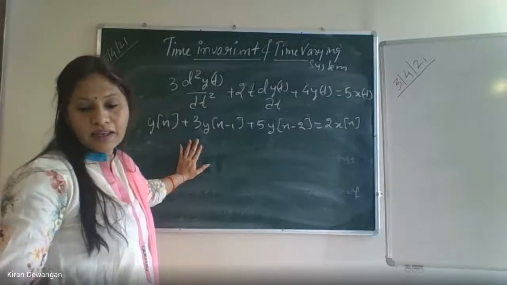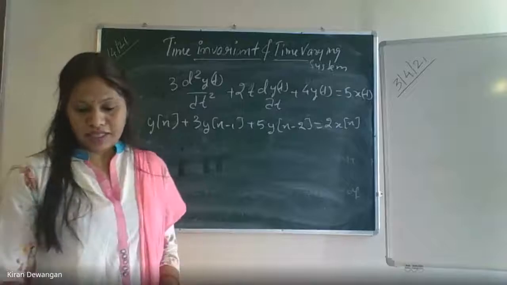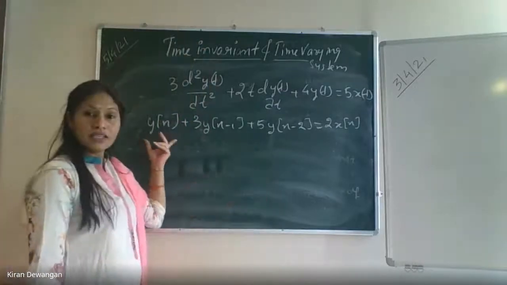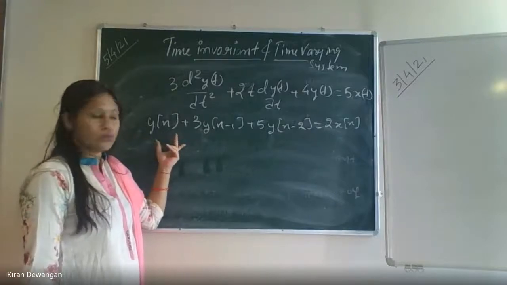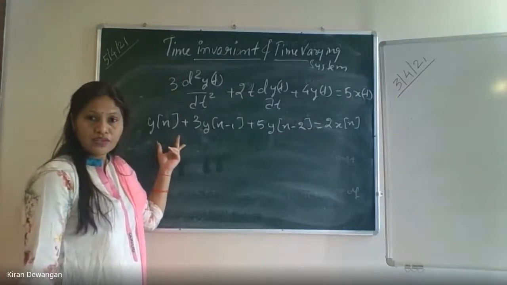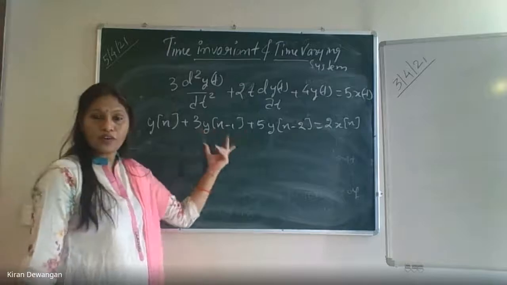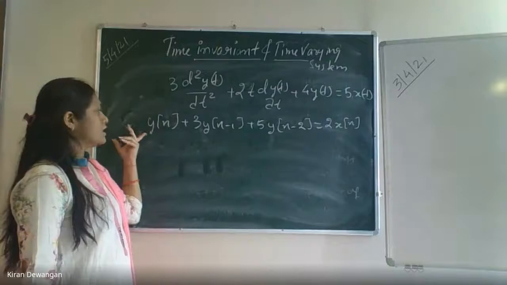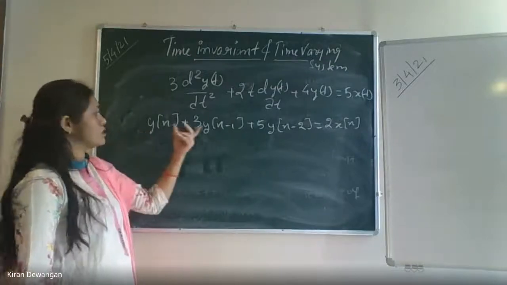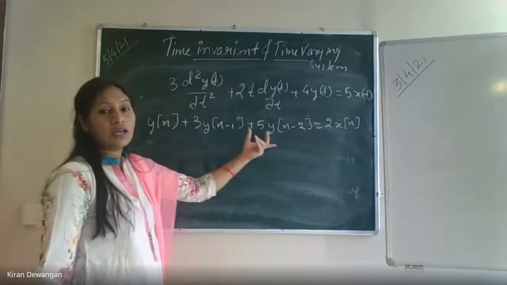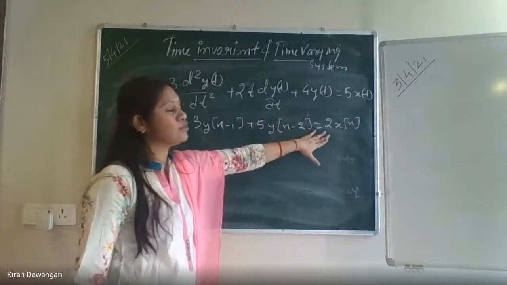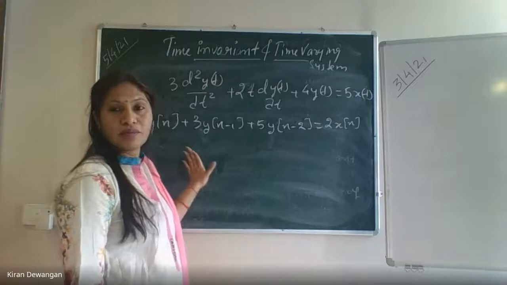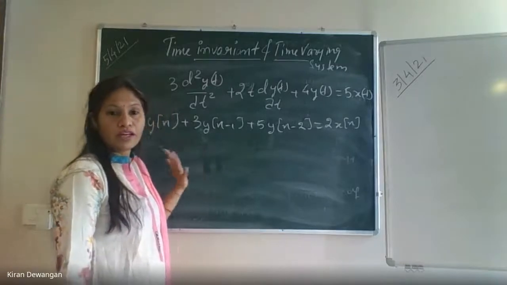This is again a time invariant system because all the coefficients are constant. In discrete we write it in this form, y(n minus 1), y(n minus 2). ठीक है? The coefficient is constant here, here also, and there also. So all the coefficients are constant and hence the system is again a time invariant system.